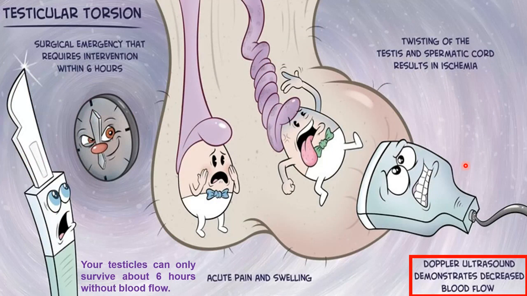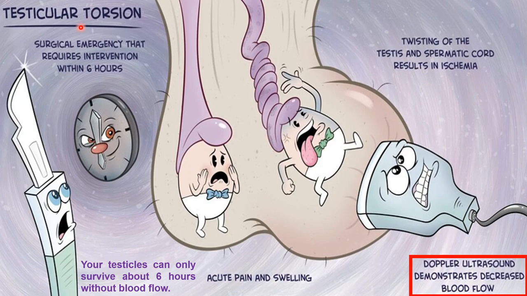Usually it is diagnosed using Doppler ultrasound. Doppler ultrasound detects blood flow. So if you scan that affected testicle, you can detect reduced blood flow or no blood flow within that testicle, because the artery has been blocked, so there will be no arterial blood flow, okay?